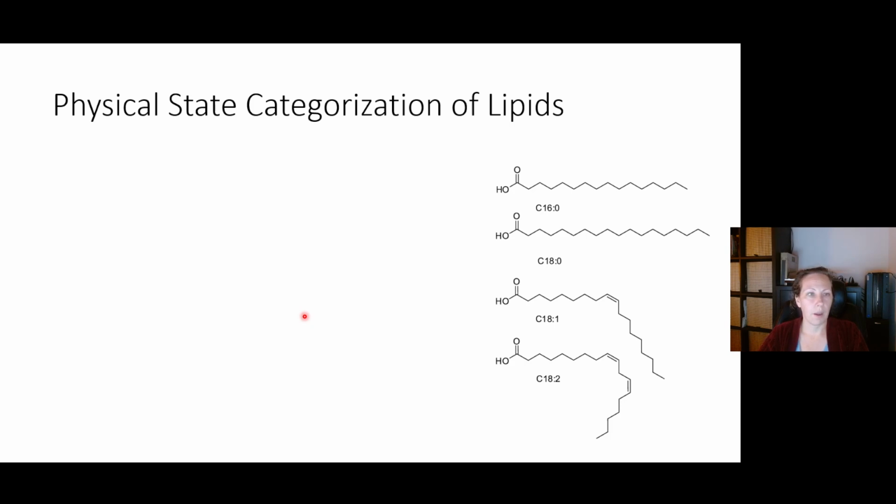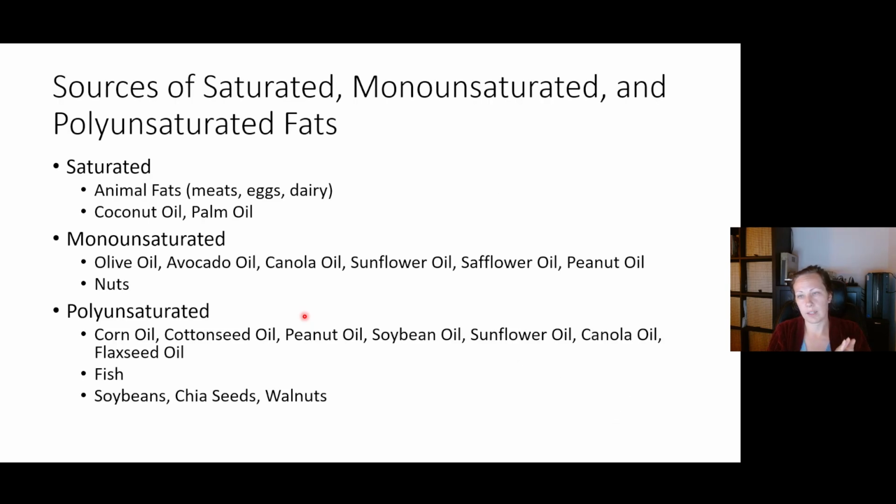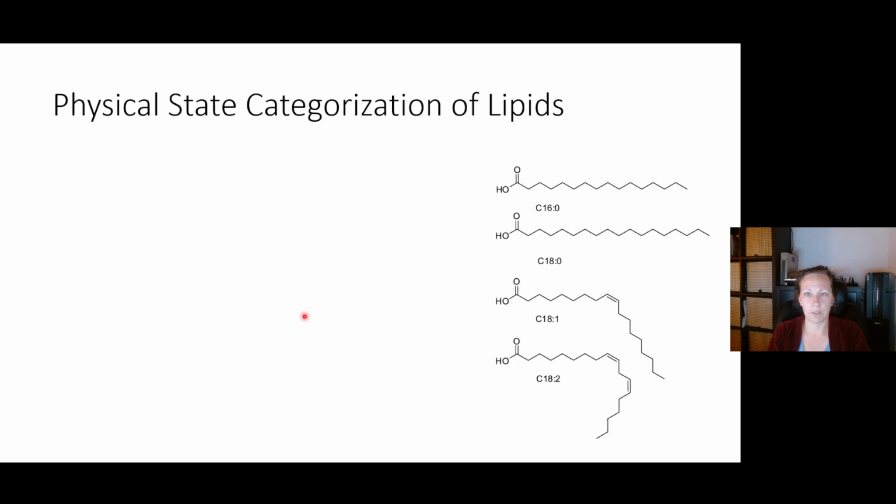Okay, so now we're going to categorize the lipids by their physical state. So that was by their molecular structure. We're classifying them as saturated, monounsaturated, or polyunsaturated. Now we're going to classify them by their physical state.